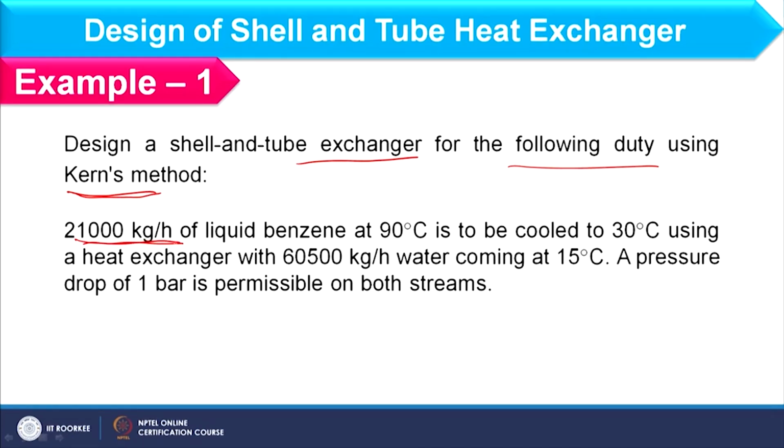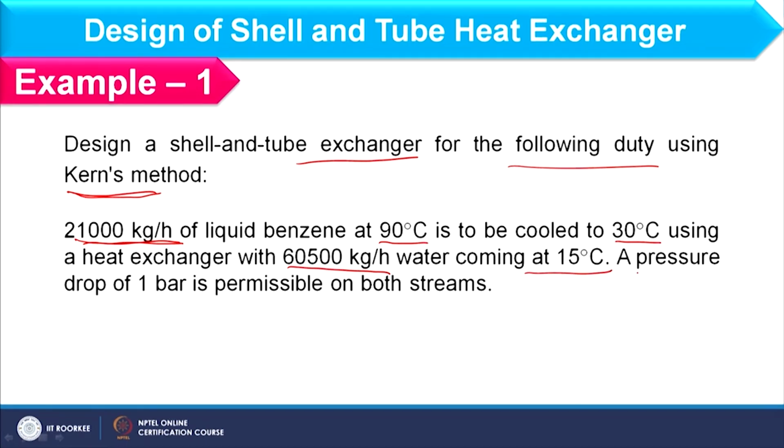21,000 kg per hour of liquid benzene, which is available at 90 degree Celsius, is to be cooled to 30 degree Celsius. So, this benzene is basically the hot stream which is required to be cooled, and that cooling should be done while exchanging heat with 60,500 kg per hour of water, which is available at 15 degree Celsius.